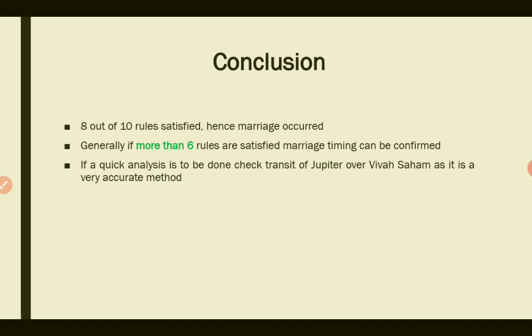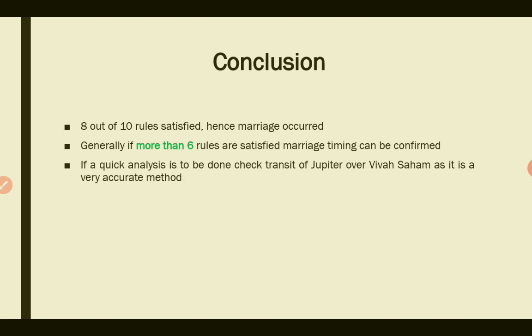So you have to be very clear in what you want to find and use the composite technique, which is something proposed by Mr. K.N. Rao, that if I have 10 rules and at least 6 or more of them get satisfied in a particular chart, we can say with a certain degree of accuracy that this timing represents the timing of marriage for the native.